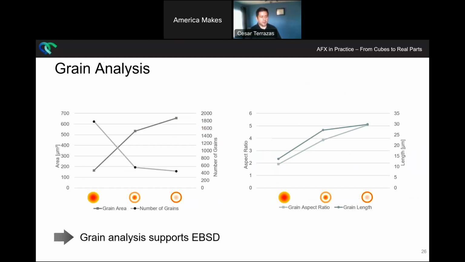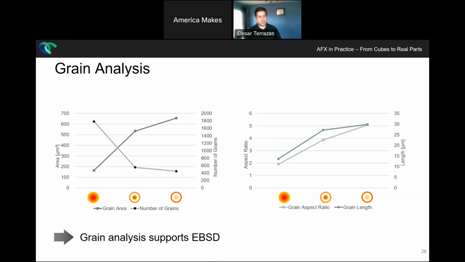So the grain analysis for this kind of component also confirms the EBSD results. Again, bear in mind how this experiment was performed. You started with a component that was initially built with the Gauss beam emission, and then it transitioned into the ring beam. So you see that the area of the grains increases because the grains are becoming larger, right?